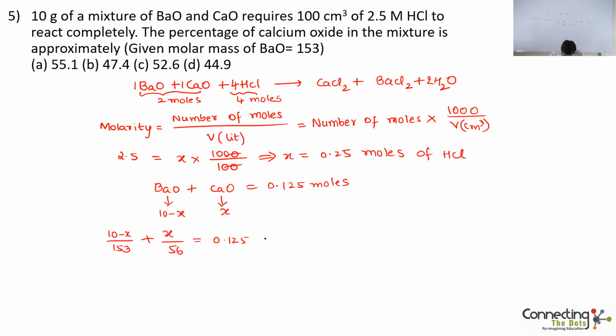So let us solve the value for X. So it will be 56 times 10 minus x plus 153x is equivalent to 0.125 times 153 times 56.